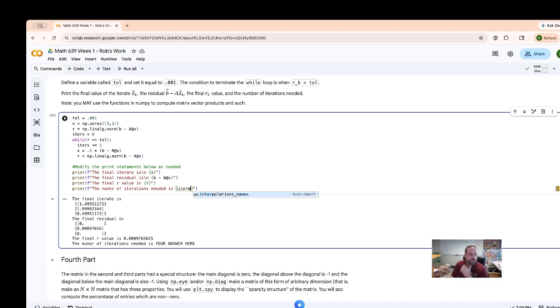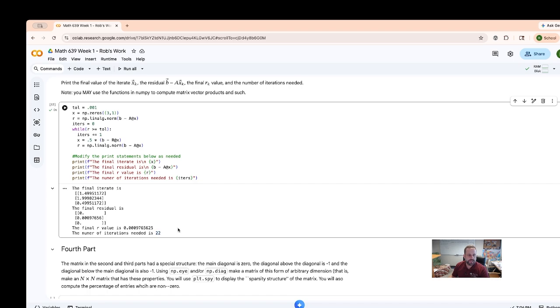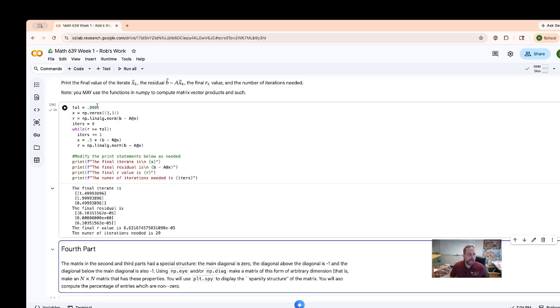Okay, so we're going to run this again. The number of iterations is 22, which is kind of a lot of iterations. This is one of the problems with the Jacobi method, that it converges somewhat slowly. And we can see if we increase the precision by a factor of 10, so make it 10 times as precise, we're going to need 29 iterations.